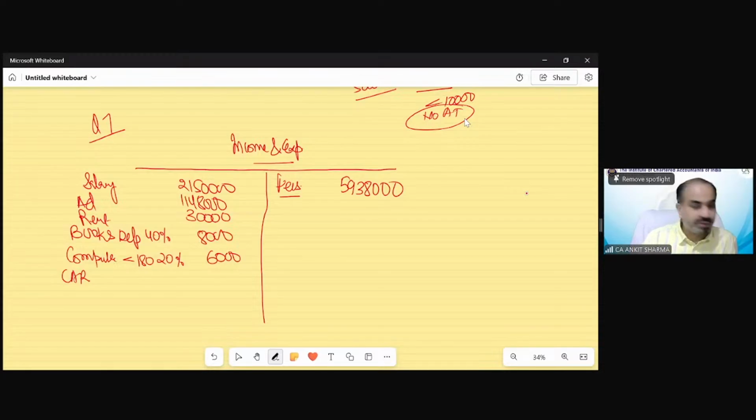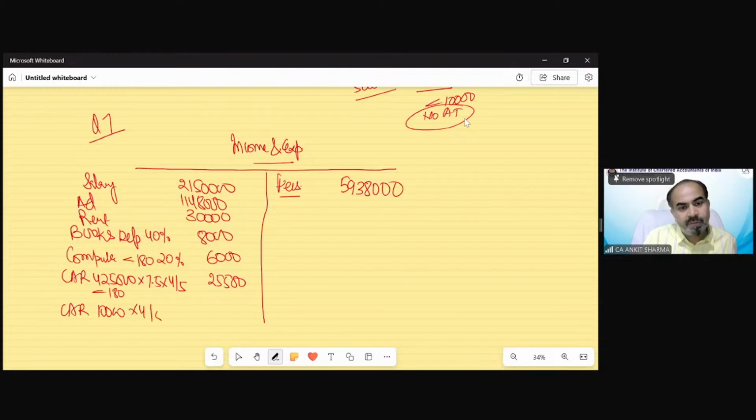Car depreciation: the car was 4,25,000, less than 180 days, so the rate would be 7.5%, and it has been used 1/5 for personal purpose. So we will take only the 4/5 part of the depreciation, that would be 25,500. Car maintenance expenditure was also 10,000, and we include only 4/5 of it, that would be 8,000 rupees.